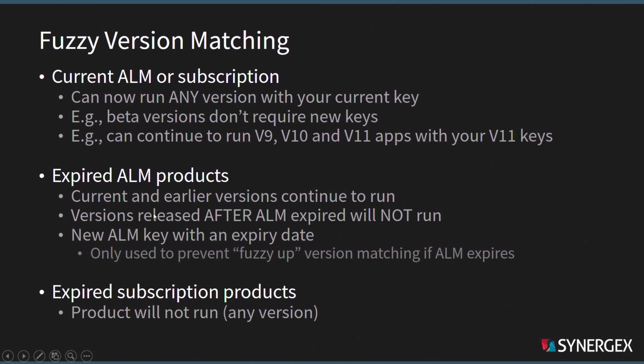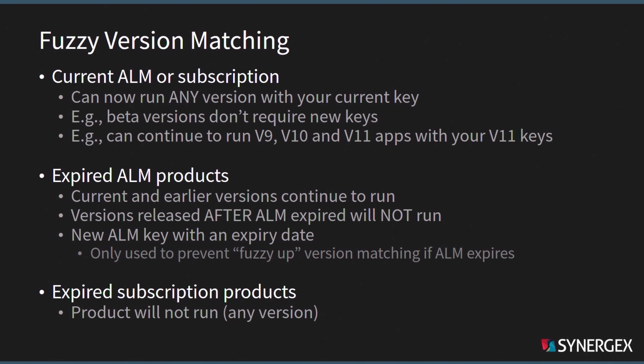The one difference is, the first time you get keys through sync, you will see one new key installed on the machine that is literally called ALM, and it has an expiry date. And that simply tells your license server when your ALM is good through. And the only thing it does is it prevents you using versions of the software that are released after that date.